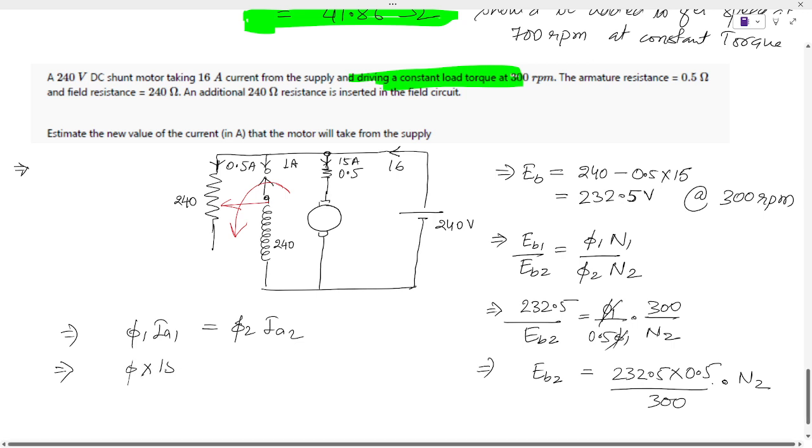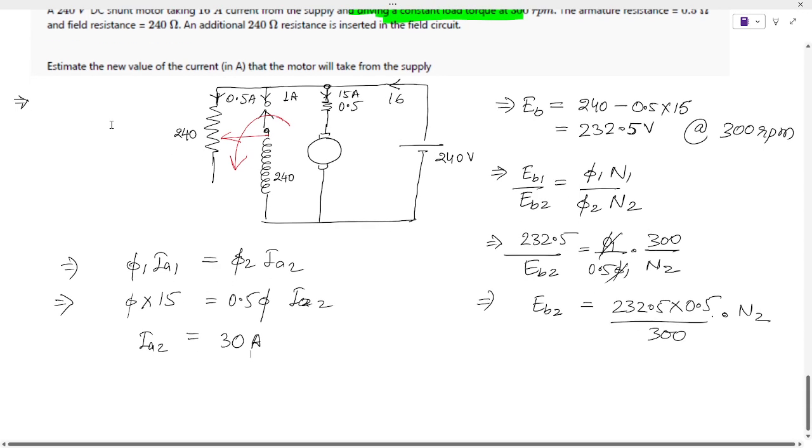Ia1 was at that time 15, so phi 2 is 0.5. Ia2 you will get from here. What do you get for Ia2? Ia2 is 30 ampere. Okay.